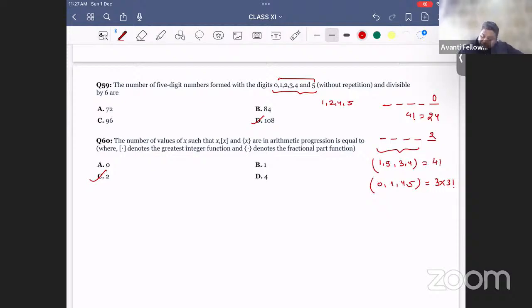Am I correct? And now 1, 2, 3, 4, 5. Keep 4 at the unit place. Got it?